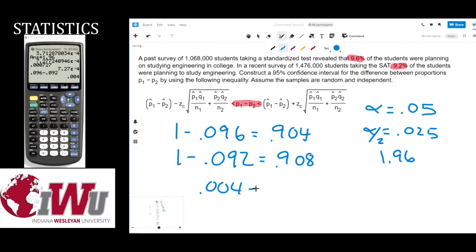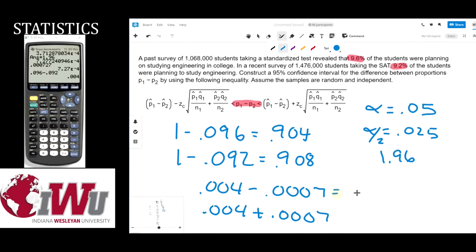We're going to subtract that 0.0007, and we're going to take that 0.004 and add the 0.0007.